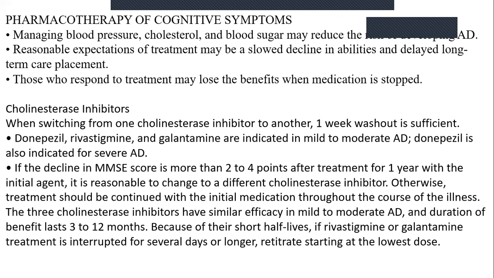That means if we are controlling the patient who is having hypertension, controlling their blood pressure, their cholesterol levels, their sugar levels, all this will reduce the risk of developing Alzheimer's disease, and also reduce the risk of progression of this Alzheimer's disease. So these should be maintained properly. What are they? Blood pressure, blood sugar levels, and blood cholesterol levels.